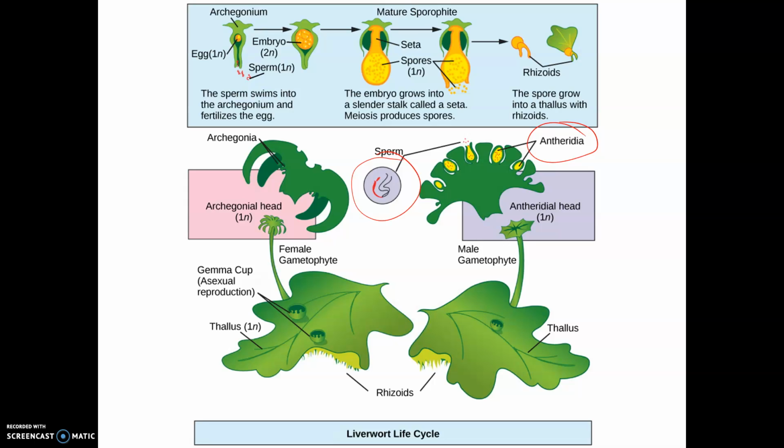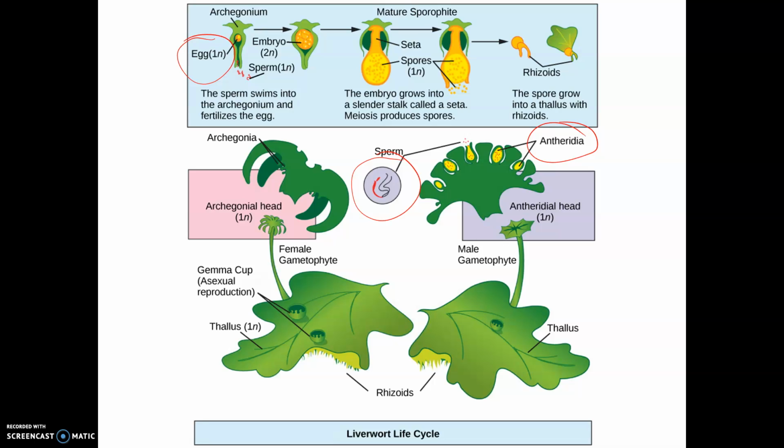And then the archegonia is the female gametophyte structure, and it produces the ovum or the egg. Sometimes they call it the ovum, but anyway, it produces the egg.